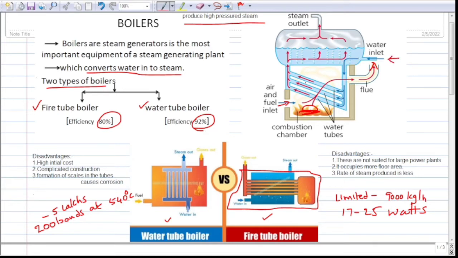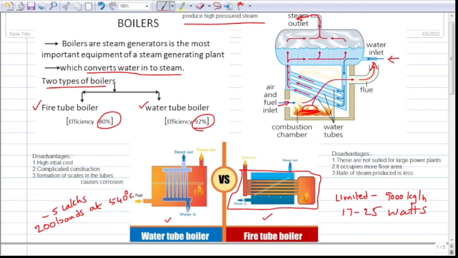The water passes through these tubes and again comes back to this chamber. The hot gases produced by the combustion chamber heat this water, it produces the steam, and the steam output passes through here to the outlet.